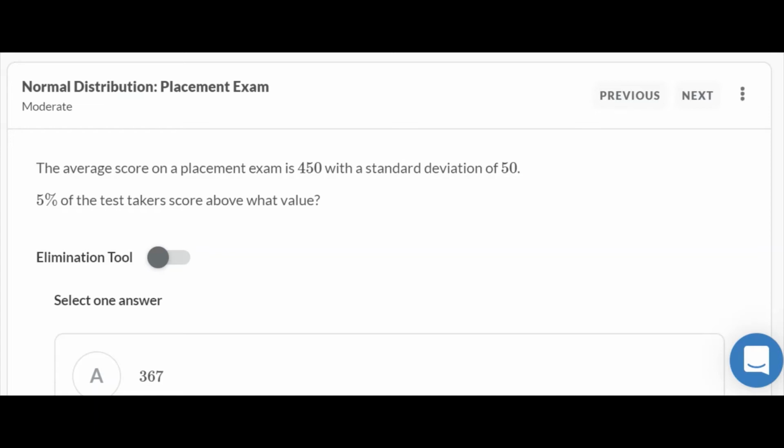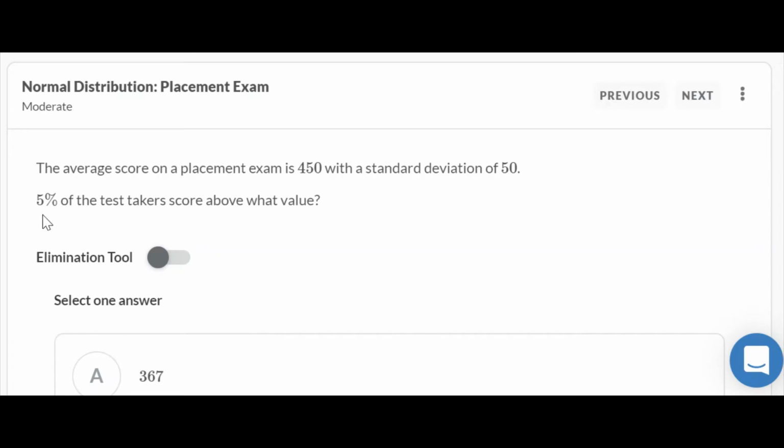On this problem, again, we're given the percentage. Make sure you convert that percentage to 0.05 though. This one's tricky. It's still inverse norm because I'm given the probability, I'm given the percentage. I know that's 0.05. But it's talking about above, so the above is 5%.